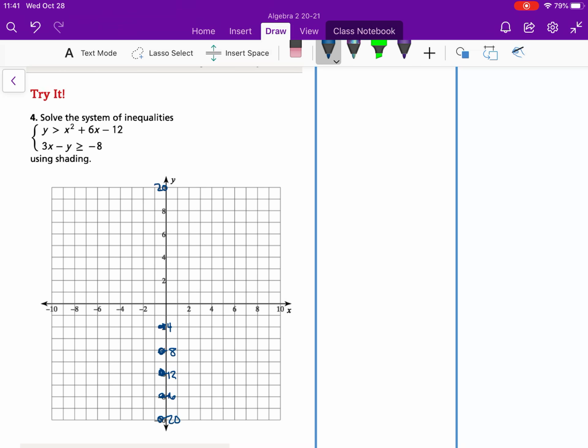And then I'm going to go the same way up. Okay, now I should have enough. I know that 0, 8 is going to be one of my points for my line. Negative 2 and 2/3, so like right here.